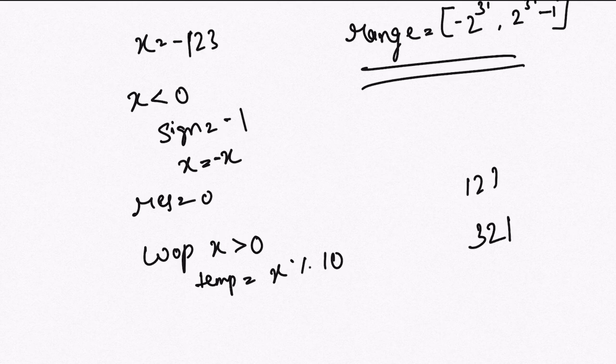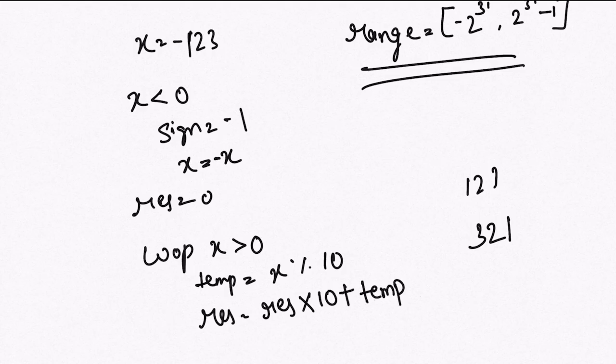Then we're going to save the remainder we have got in the result. How will we do that? We will have res, we will multiply res by 10, and then we will add our temp to it, right? So first is going to be 3. So res multiplied by 10, 0 times 10 is 0, then 3, then 2 comes, the 3 multiplied by 10 is 30, and then it makes 32, and then it makes 321 when the 1 comes.